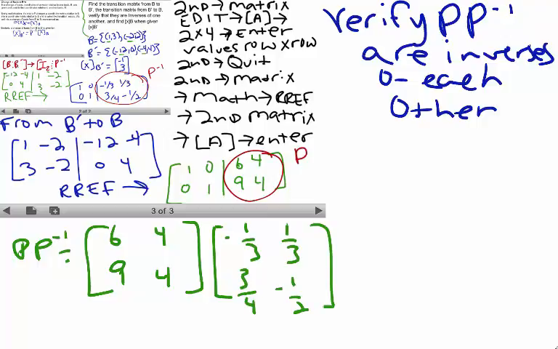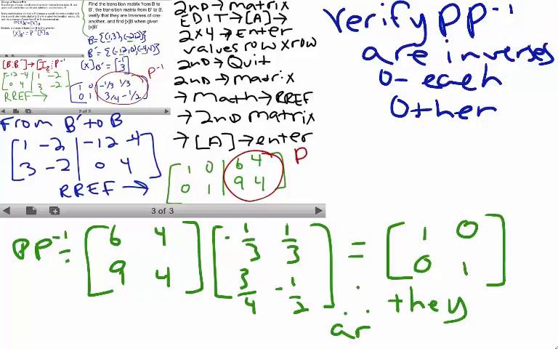We can multiply these matrices together and the result will be the identity matrix. Therefore, the matrices are inverses.